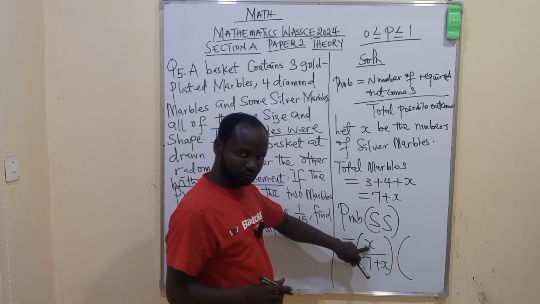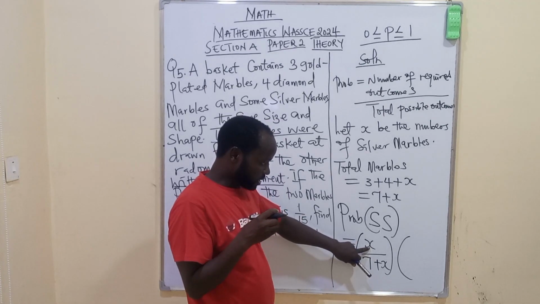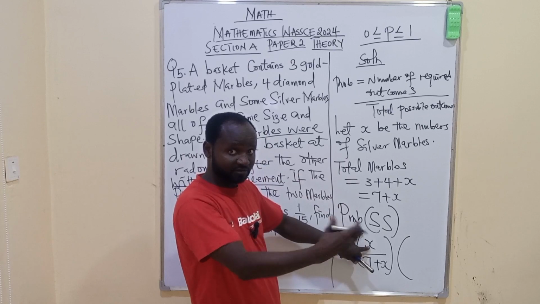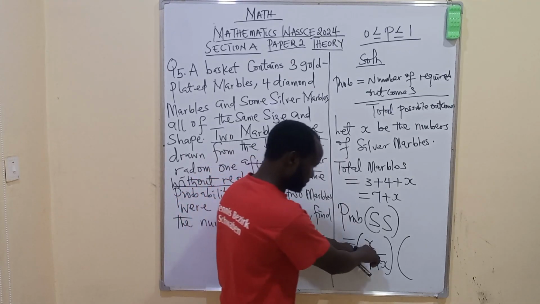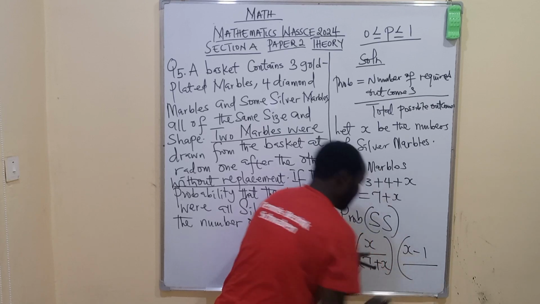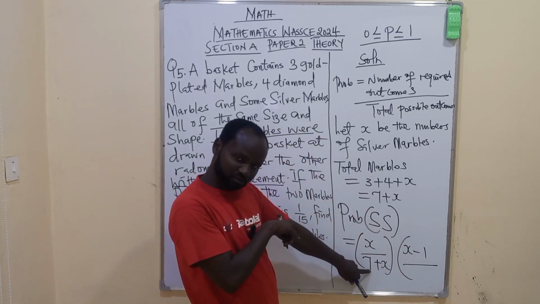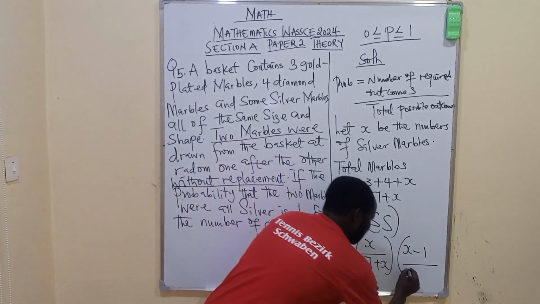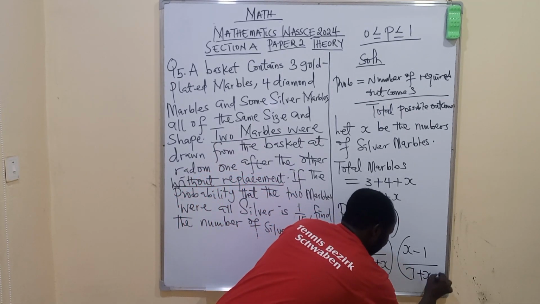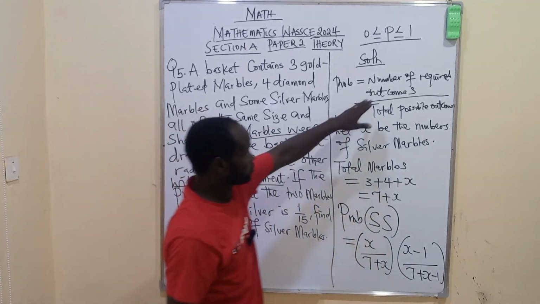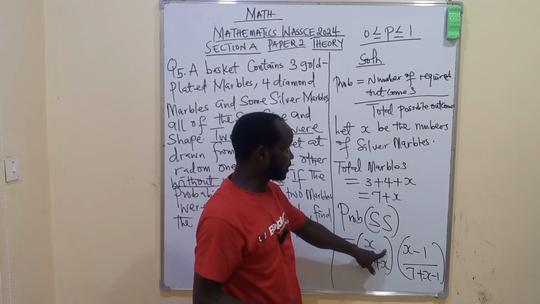If we are going to pick silver again, x will reduce by 1, because we did not replace it after picking. The total possible outcomes will also reduce by 1, so it will be x minus 1 divided by 7 plus x minus 1. Without replacement, the number of required outcomes reduces by 1 and the total possible outcomes reduce by 1.